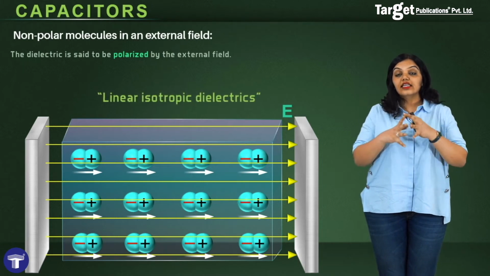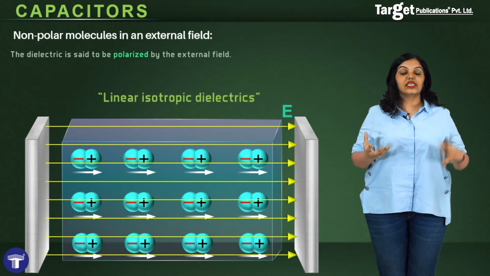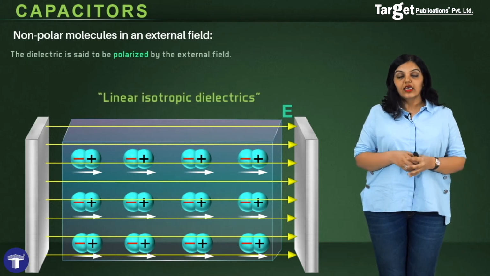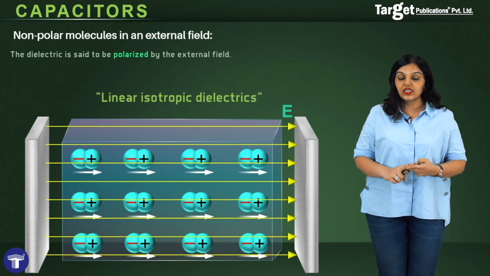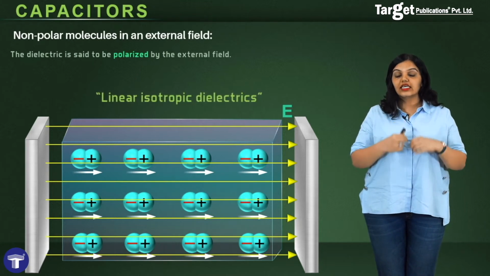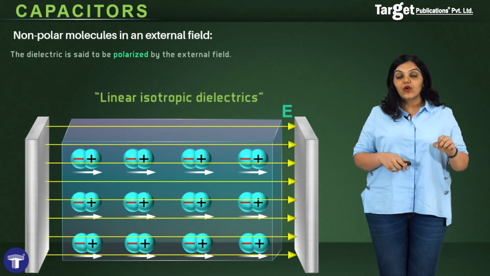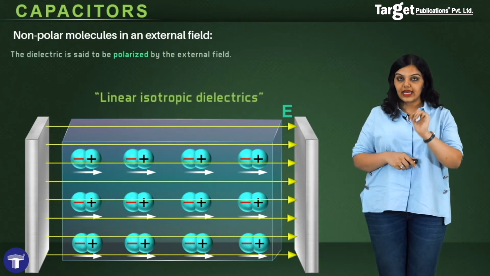That is, there's a linear relationship between the polarization and the electric field strength. So these two conditions are satisfied by linear isotropic dielectrics, and these are the ones that we are studying in this chapter. So we are only going to deal with linear isotropic dielectrics.